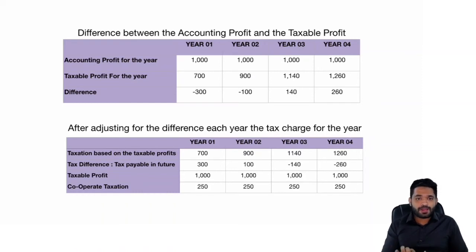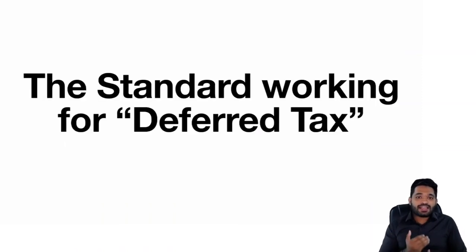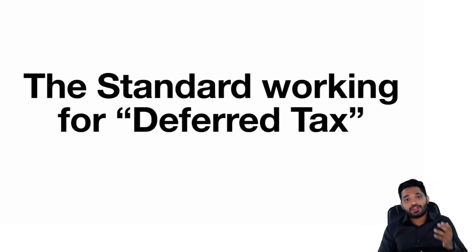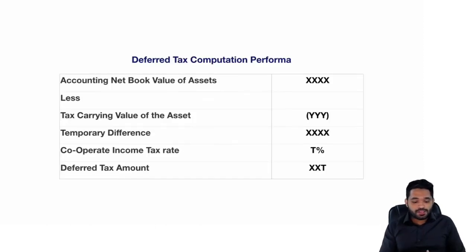You have a standard working for deferred taxation to calculate the temporary difference and the deferred tax resulting from the changes in your asset values or your net book values. The standard proforma is that you start with your accounting net book value, which is the net book value according to our accounts.